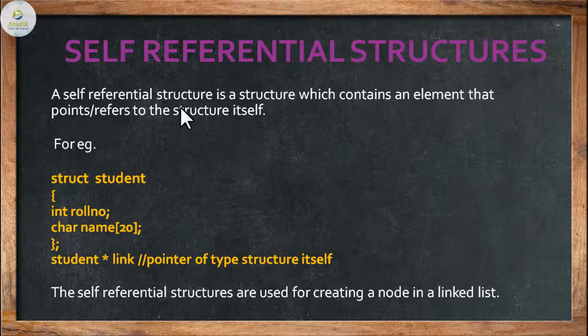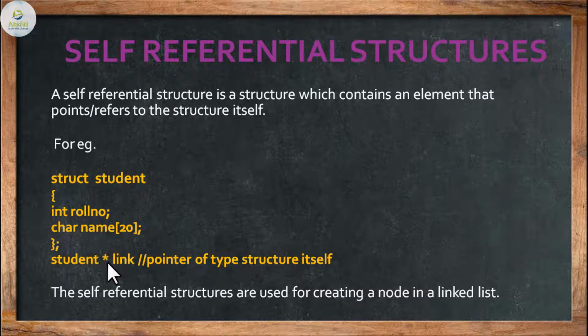So a self-referential structure is a structure which contains an element that points or refers to the structure itself. So the basic understanding you need to have: a structure that is referring or pointing to itself is called a self-referential structure.